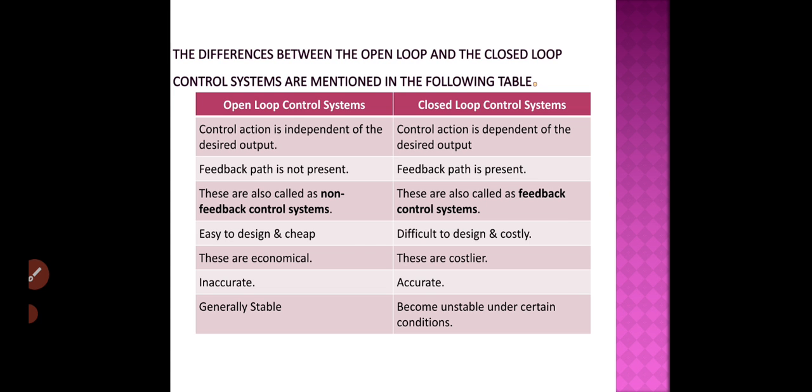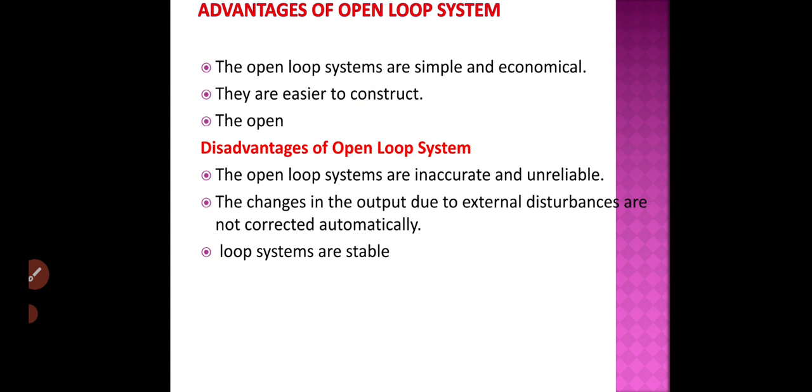Then we are going to discuss the advantages of an open loop system and the disadvantages of both open loop and closed loop control systems. The open loop systems are simple and economical. They are easier to construct, very convenient, and very cheap.